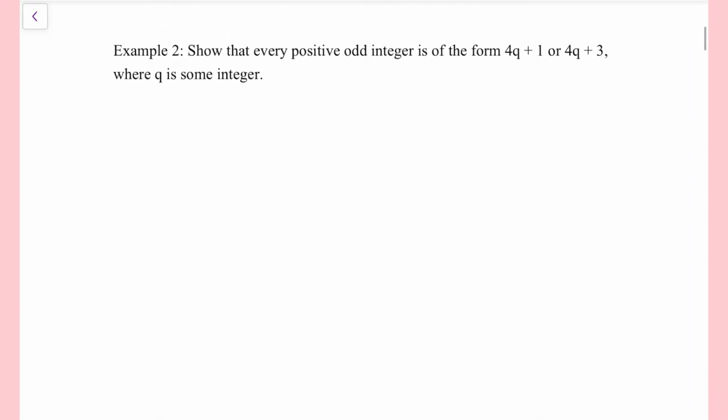Next, show that every positive odd integer is of the form 4q plus 1 or 4q plus 3, where q is some integer. Let a be any positive integer and b equals... b will be given in the question itself: 4q plus 1, 4q plus 3.